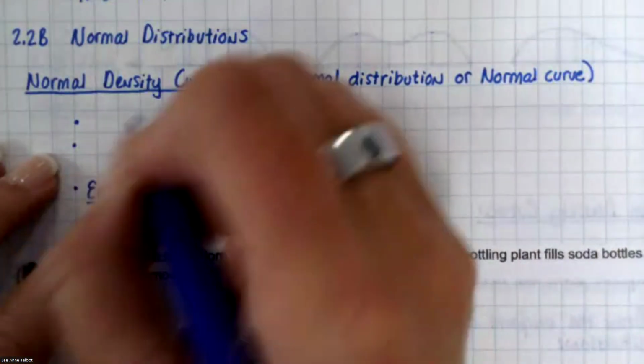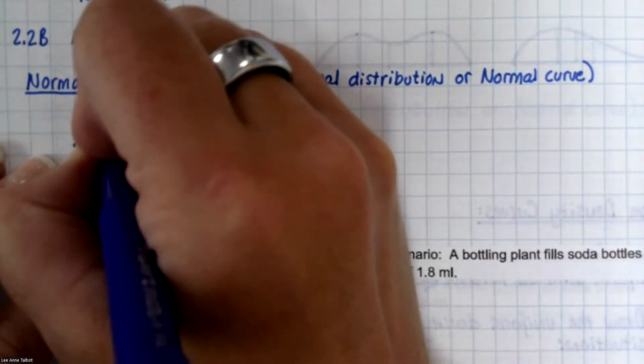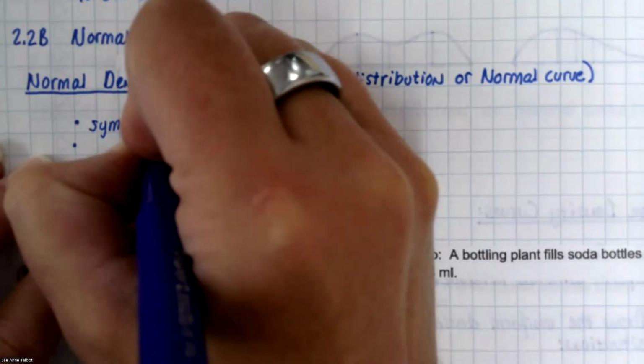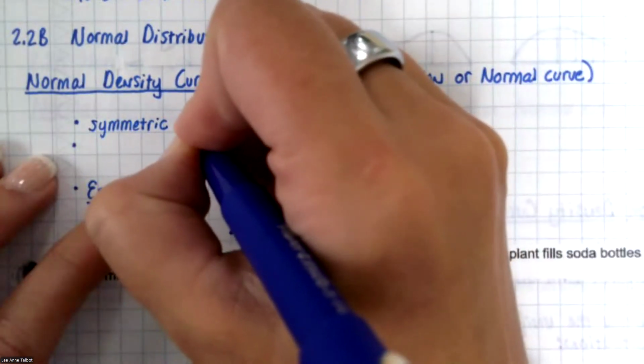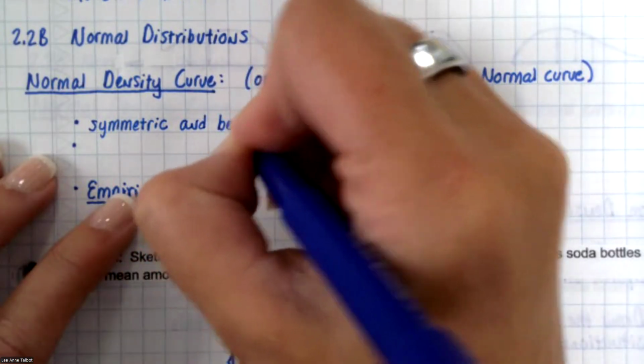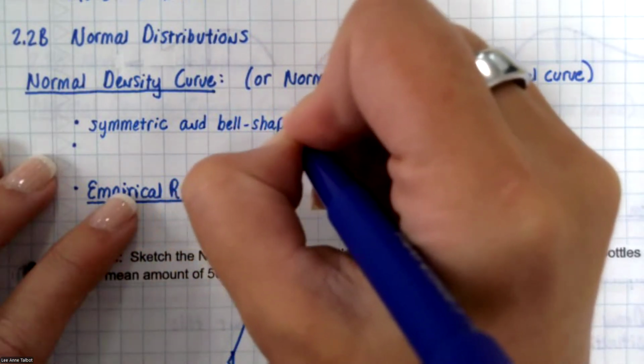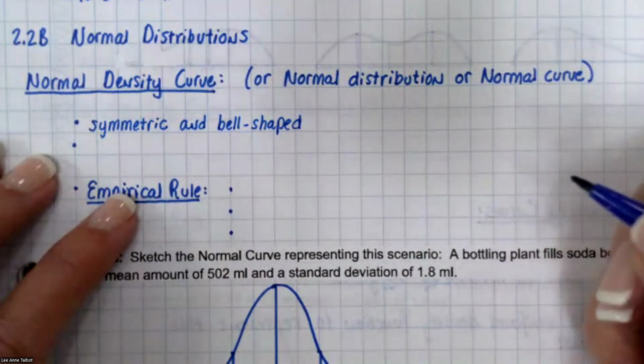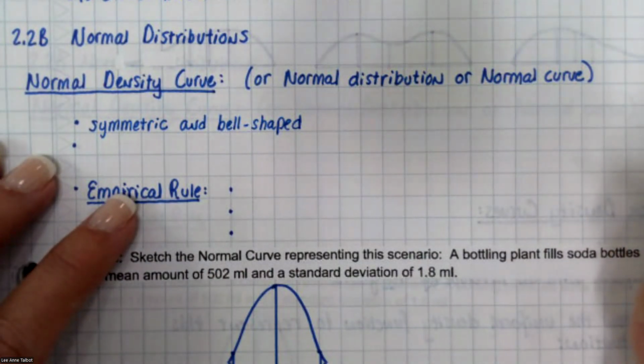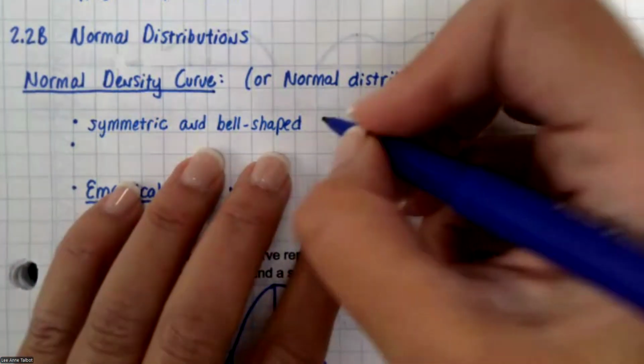I promise. First thing you need to know is that it's symmetric and bell-shaped.